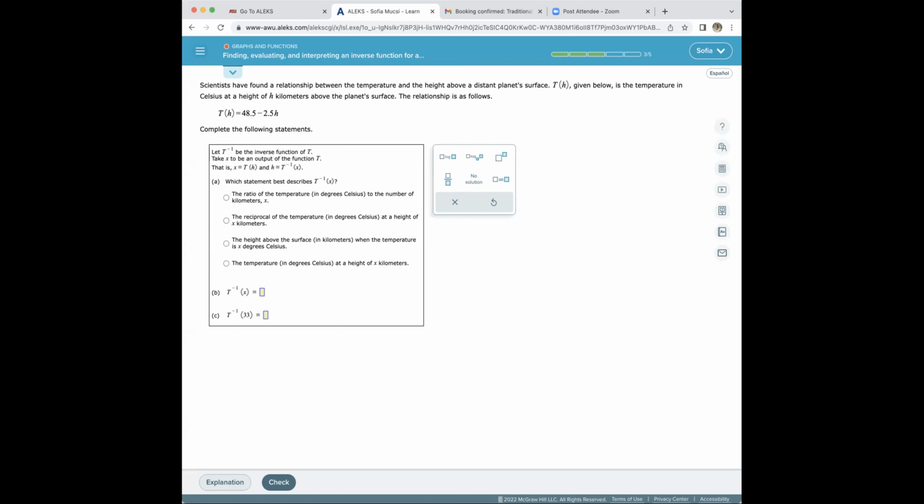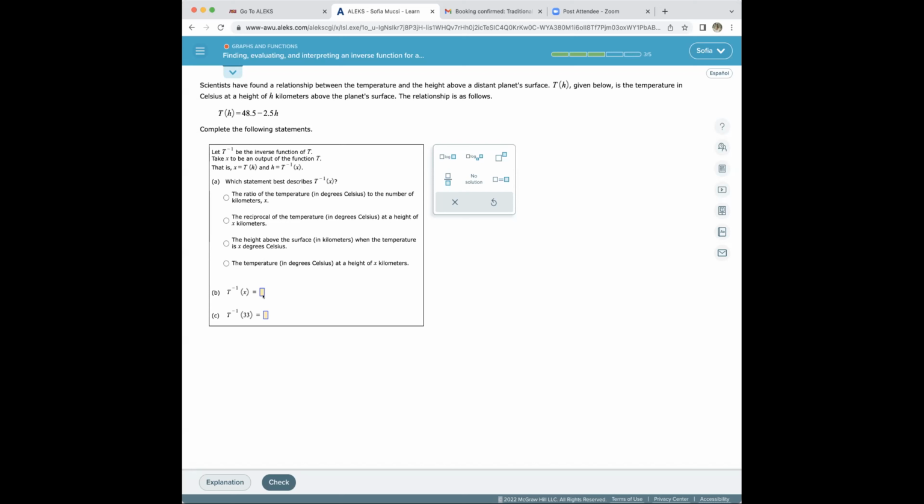And then I'm going to switch the variables to find this one. So would I write it as H equals 48.5 minus 2.5 T?